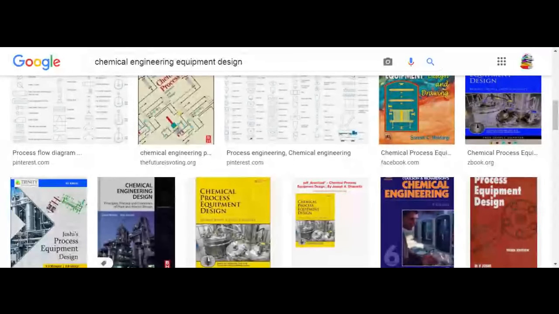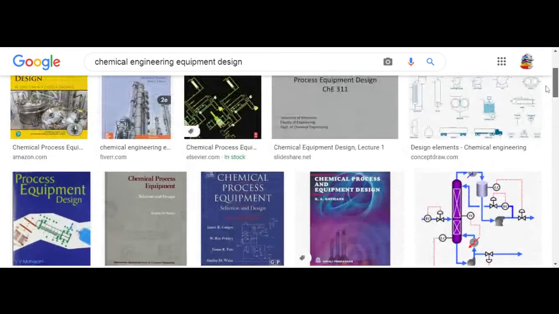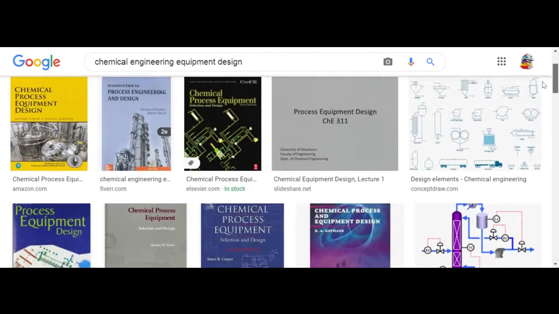Okay, here are the books. You can see there are a lot of books available to design chemical process equipment. You can use them as a reference book. Like this one, Chemical Process Equipment, is very easy. You can use this one as a reference.